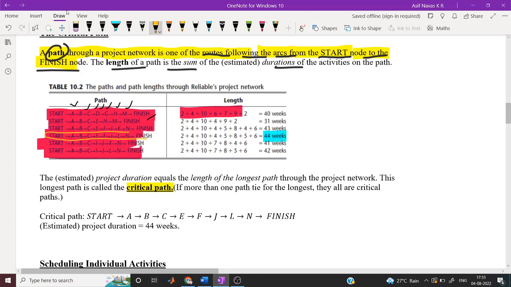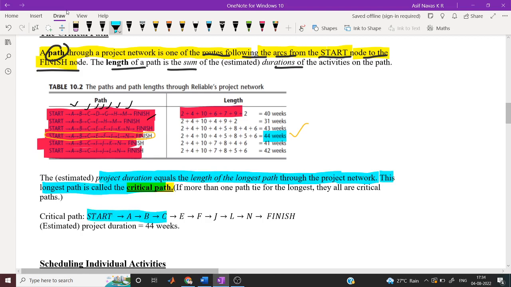So this path is called the critical path, which has the highest time value. The project duration is equal to the length of the longest path through the network. This longest path is called the critical path. So in this case, this is the critical path, and the estimated project duration is 44.